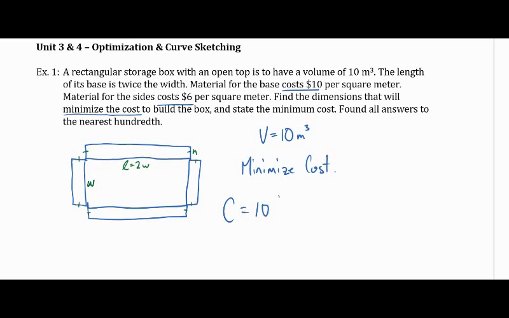So it's going to be $10 times the number of square meters that make up the base. What is the base of this box? 2w times w, which is 2w squared. Very good. So that's the area of the base. Yep.